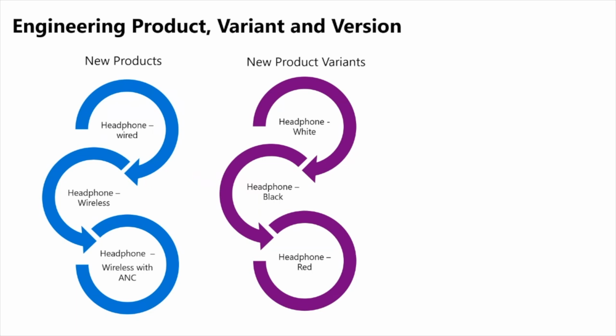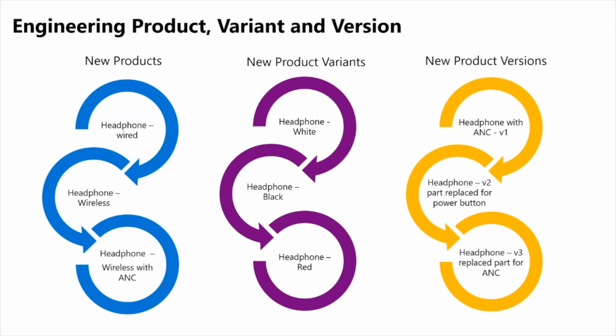A supplier might offer the same products in a different configuration or color to meet consumers' demand and respond to new trends, which can be tracked through new product variants. Engineering versions ensure that the various states of a product and its data are kept current and clear, and that they can be visualized in the system.